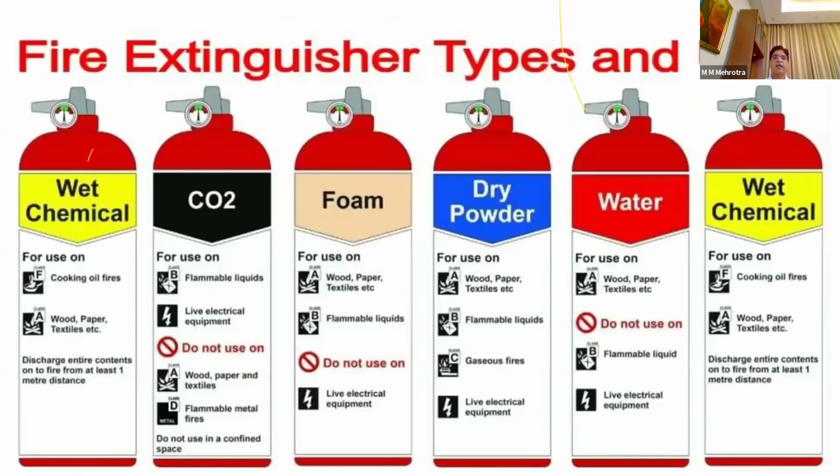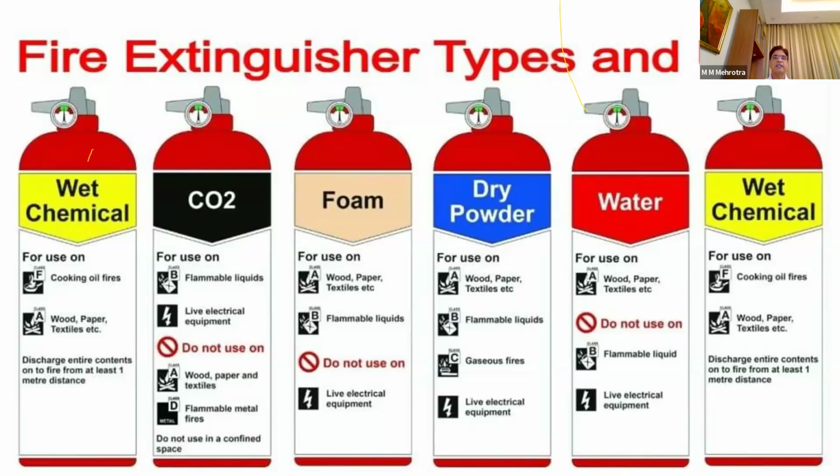For our normal day-to-day use, we use dry powder type fire extinguishers, foam type or CO2 type. Basically, how they act is they reduce the availability of oxygen in the vicinity of the fire.